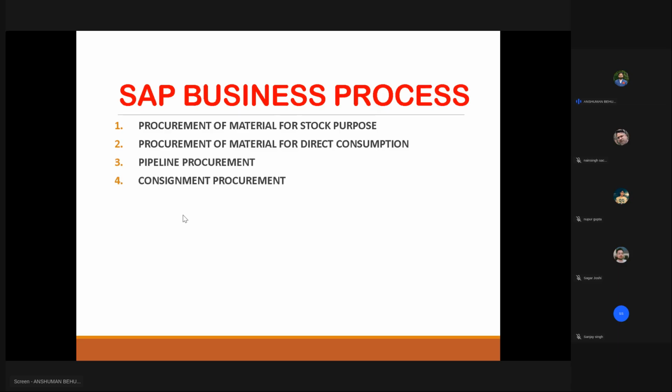Let's say the supplier or vendor will supply you the material, but you don't have to pay any payment upfront to the vendor.